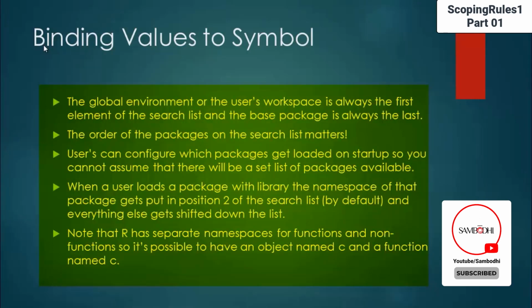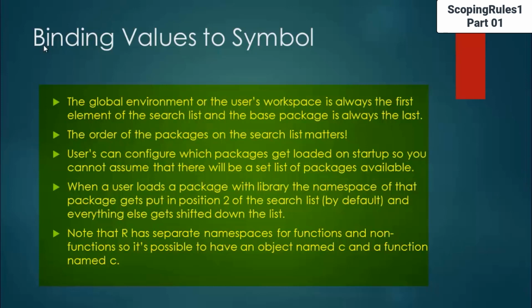Users can configure which packages get loaded on startup. Whenever you are working in R and want to start using a package, this is the same as including library files in C or C++ programming. So you cannot assume that a fixed set of packages will be available.